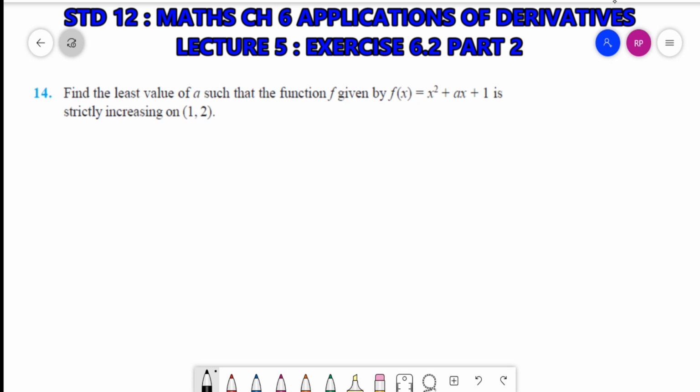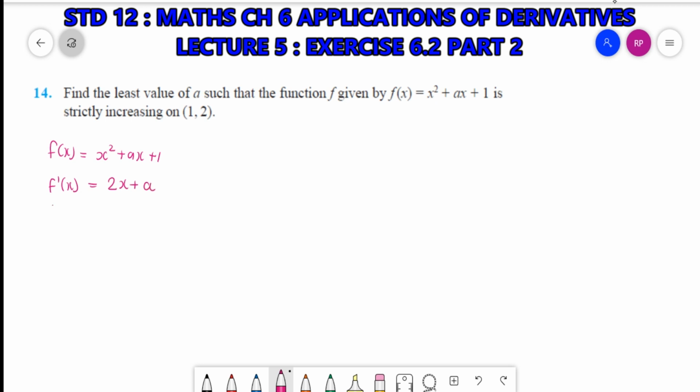Okay, so now what is f(x)? f(x) is equal to x^2 + ax + 1. Okay, now f'(x) will be equal to 2x + a.